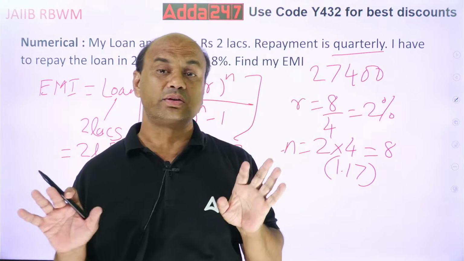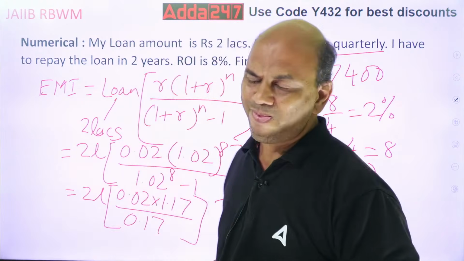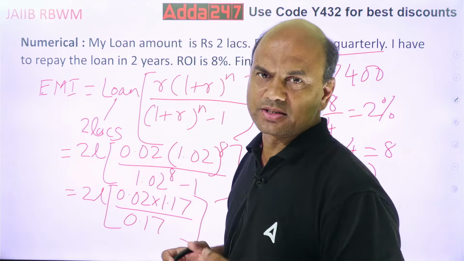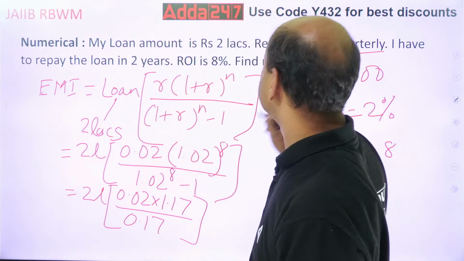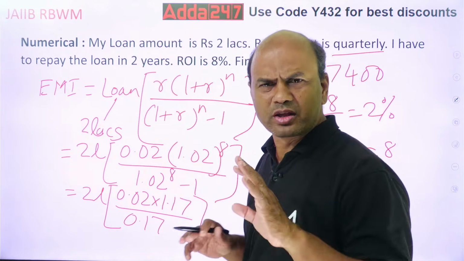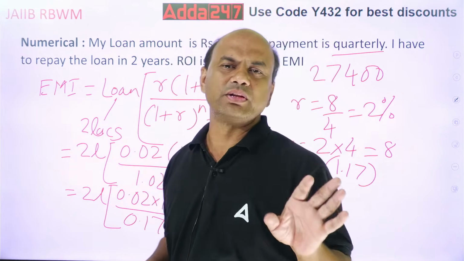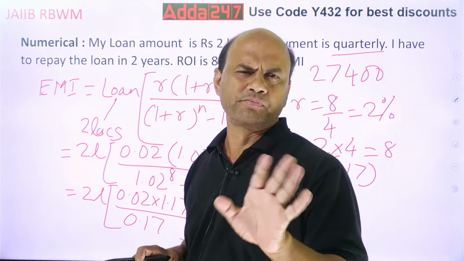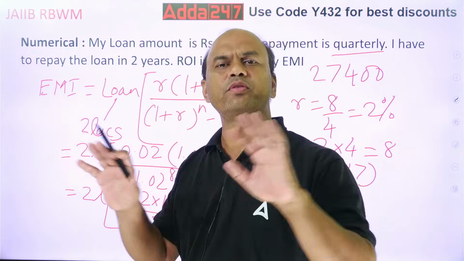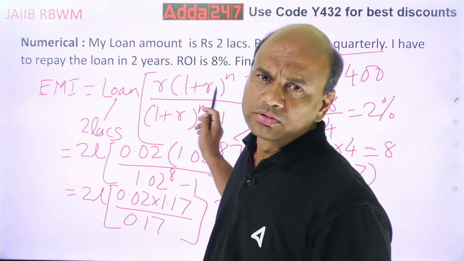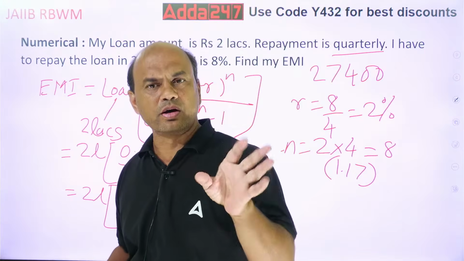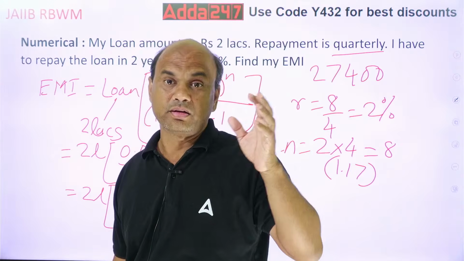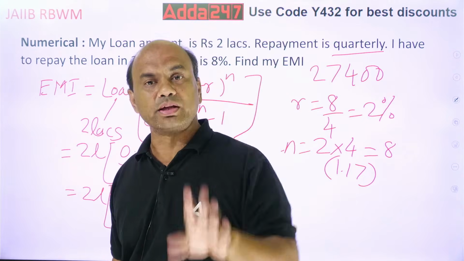It depends on the digits which you take. If you take 4 digits, you will get a more precise answer. But kindly note, in the exam, they will not give you answers like 27,429, 27,529, 27,629. Answers will be very far off. One answer will be 27,400, the second will be 29 something, the third will be 22 something.